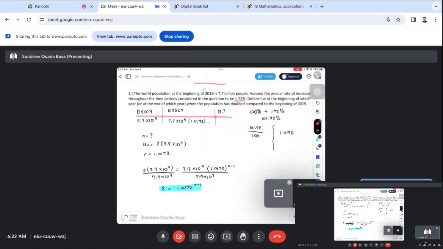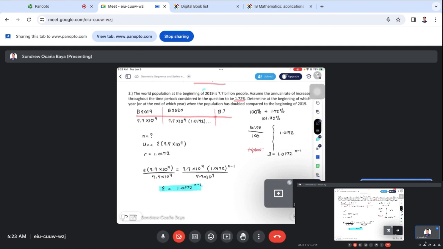So if the question was tripled, basically we will end up with an equation of 3 equals 1.0172 raised to the power of n minus 1. If it was quadrupled, if it was 5 times, then you adjust accordingly. Okay, so this is actually a shortcut that you can use so that the next time you solve a similar problem, you don't have to do the entire process.